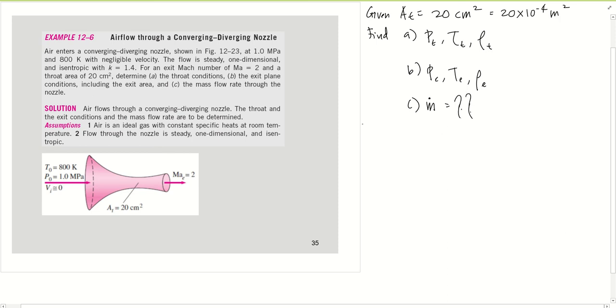To solve this problem, first the exit Mach number is set to be 2, which means that at the throat the Mach number is equal to 1.